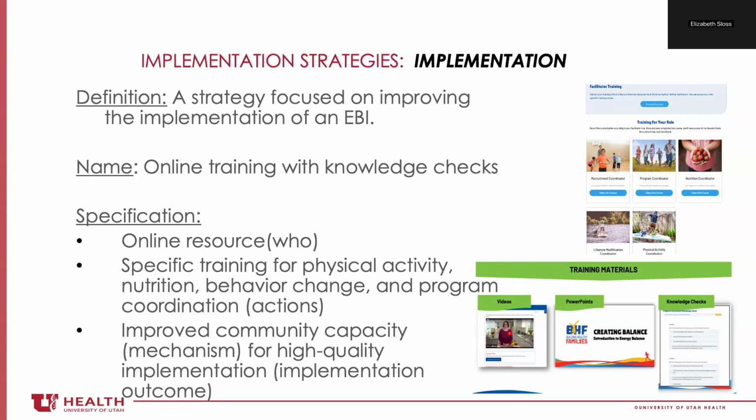It has specific training for physical activity, nutrition, behavior change, and program coordination. It's intended to improve community capacity, the mechanism for high quality implementation. That's the outcome. Okay. And with this, one of the interesting things, and I don't remember exactly how we came up with the idea, is that we have knowledge checks as part of this.